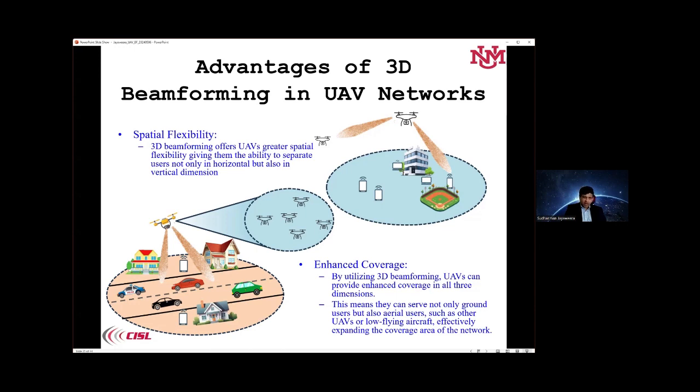And the enhanced coverage is provided because with 3D beamforming, you can pack more users into the same area and provide separate narrow beams, so you can improve the coverage, because narrow beams will propagate much further distances.